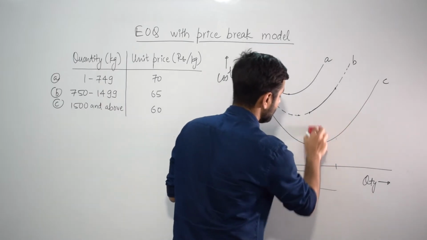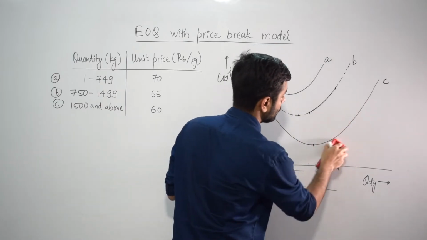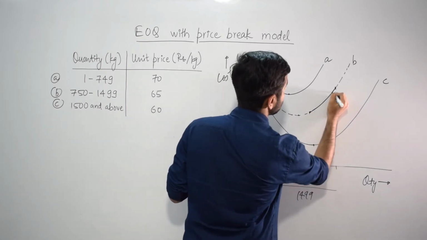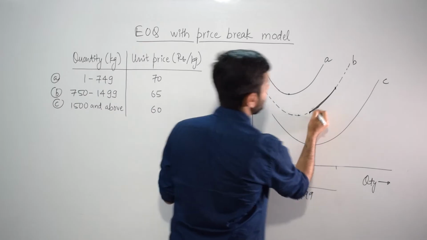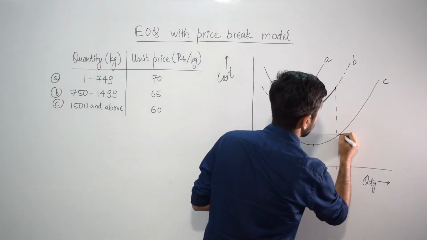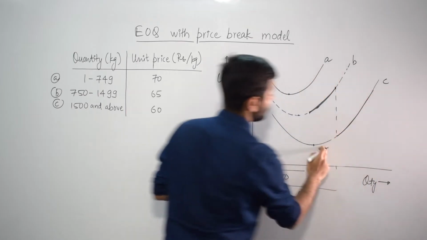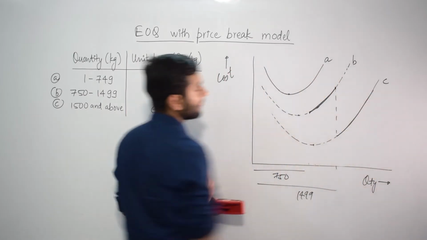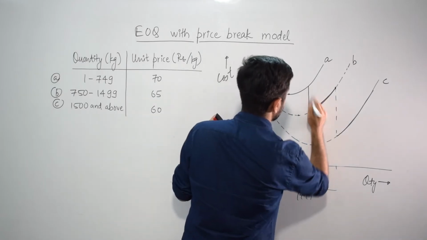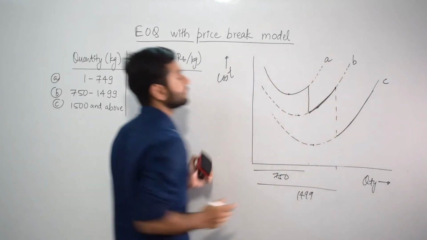In a similar way, other curves also are not valid throughout, only in a certain region. This is the region, let's say, where curve B is valid. Maybe this is the region where curve C is valid and not after that. Maybe this is the region where A is valid and not beyond that.